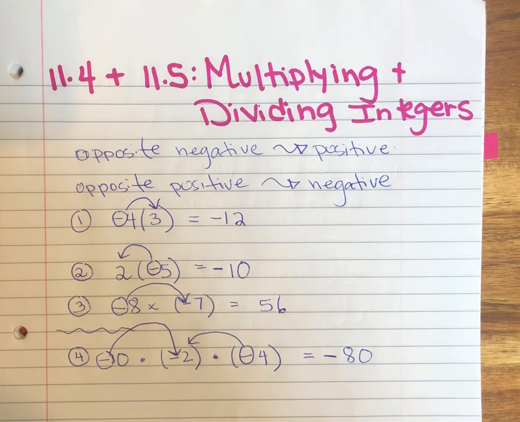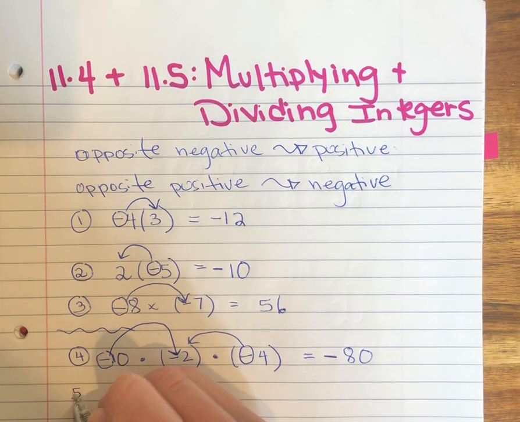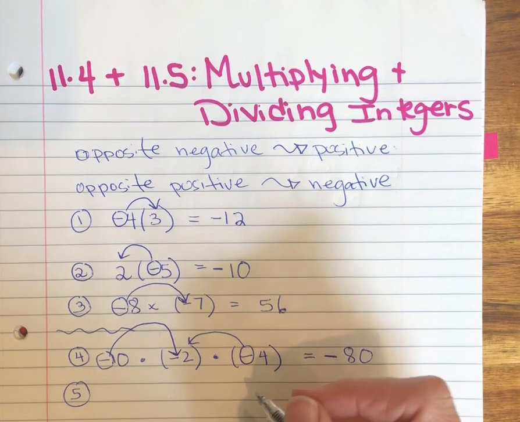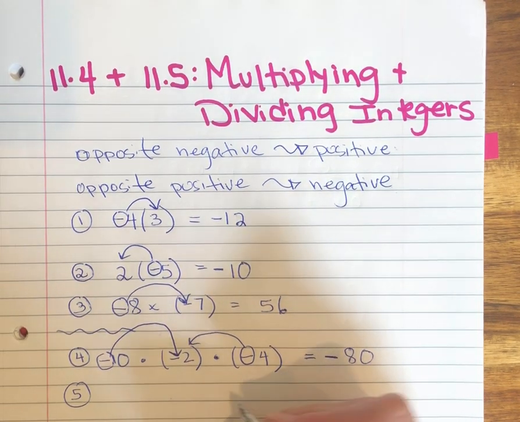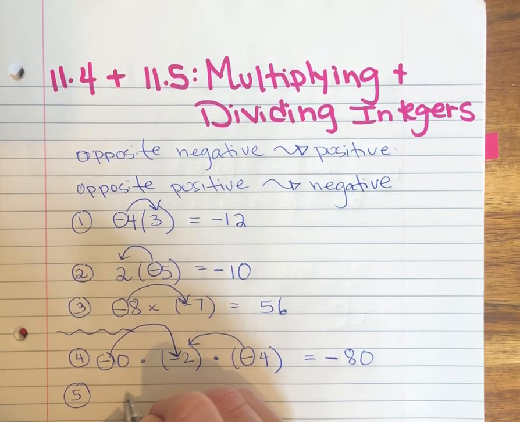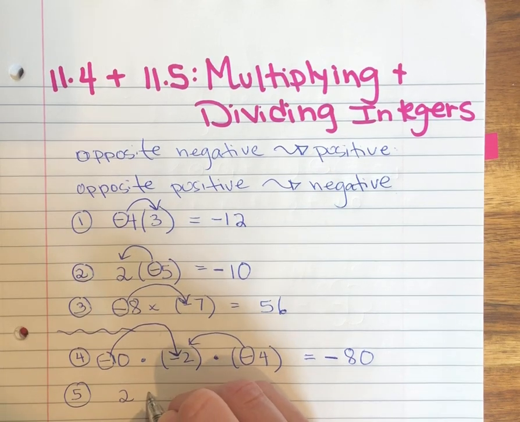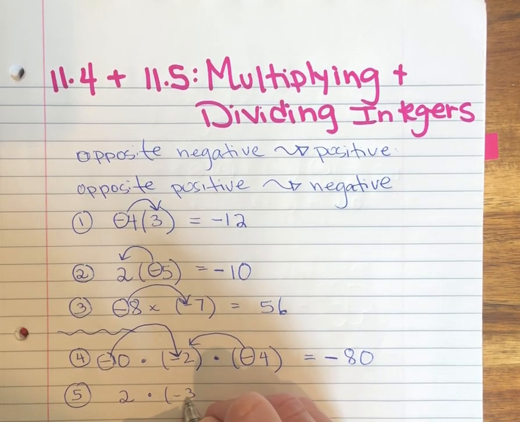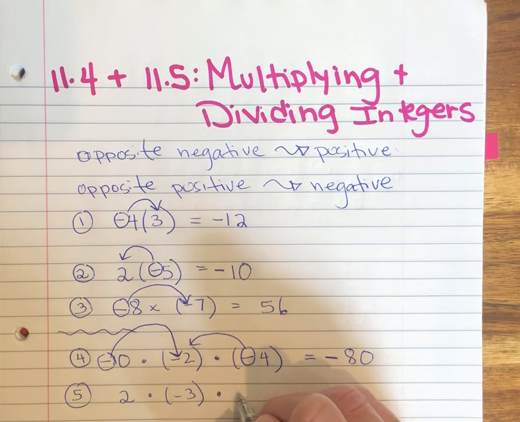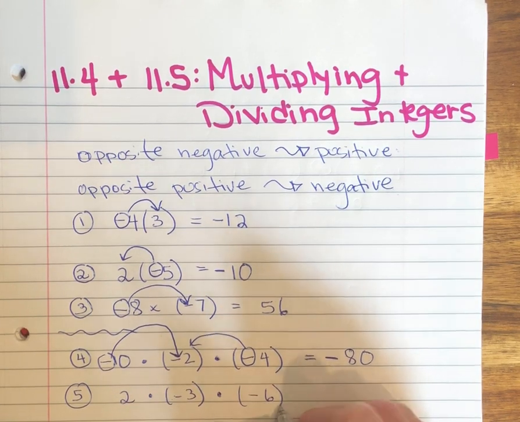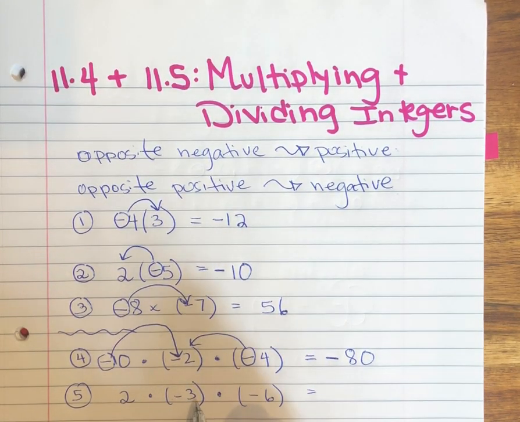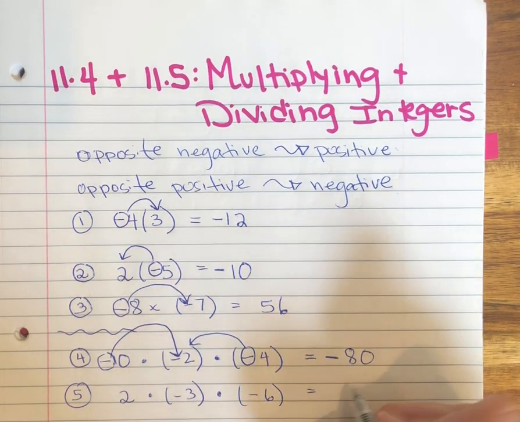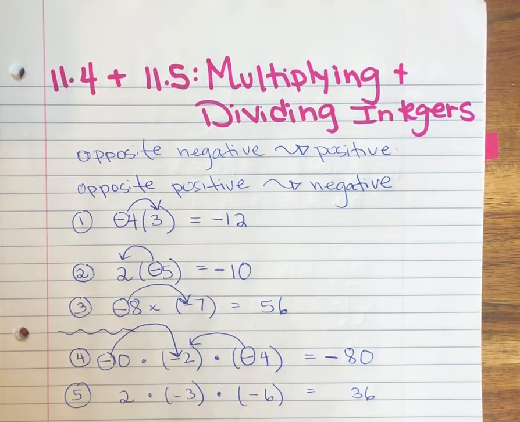Now, as you get more confident with these types of questions, you're going to notice a pattern with a number of negative signs and whether that determines your answer is positive or negative. But you'll have to figure that one out on your own. Let's try one more. If we did something like 2 times -3 times -6, well, 2 times 3 is 6, times 6 is 36.